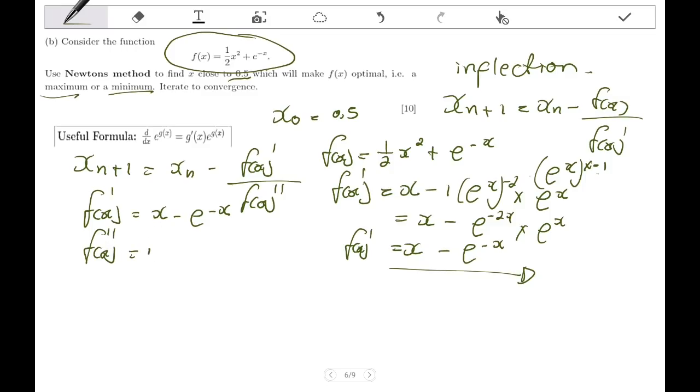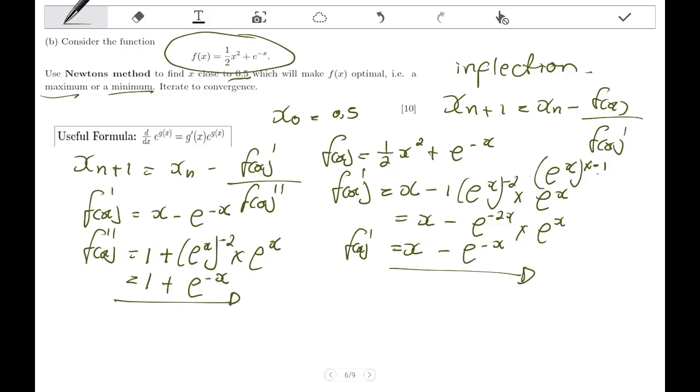And then the derivative of this is going to be, as I told you, minus 1 times minus 1, which is going to be plus e to the power x to the exponent minus 2 times e to the power x, using chain rule. So by using a chain rule, you got that, and then it's going to be 1 plus e to the power minus x again. So this is your second derivative.